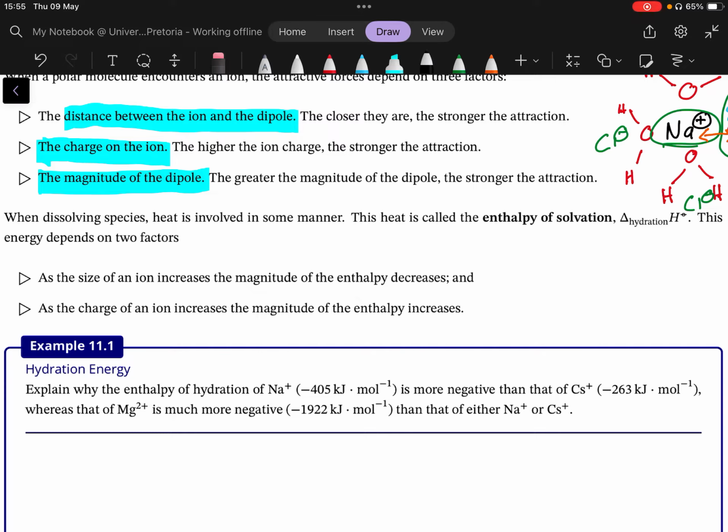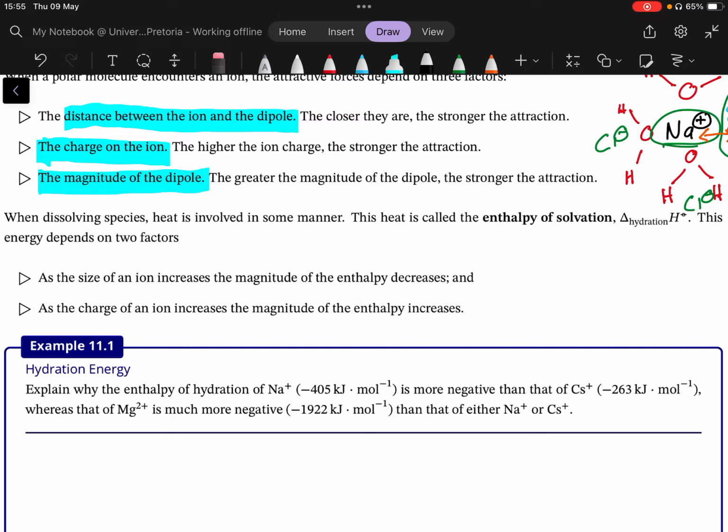So there are a few other factors that also come in. As the size of the ion increases, the magnitude of the enthalpy decreases. What that relates to is that if the size of the ion increases, the distance between the ion and the dipole also increases, and hence there's a weaker attraction. So there's not going to be a lot of energy released when this salt is dissolved.